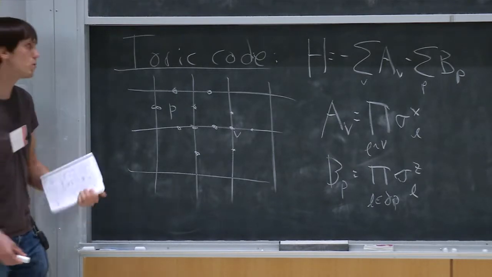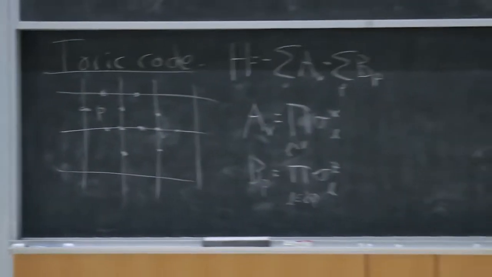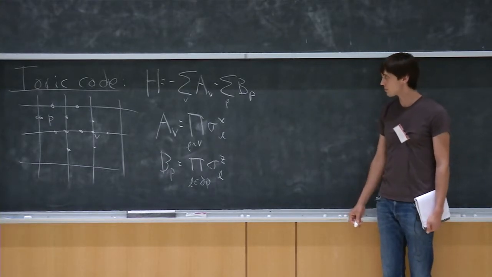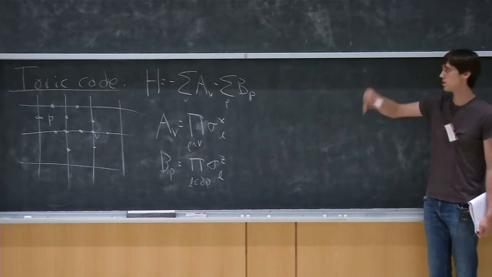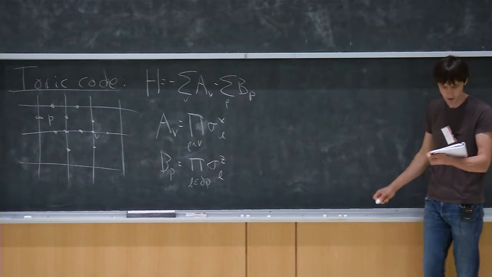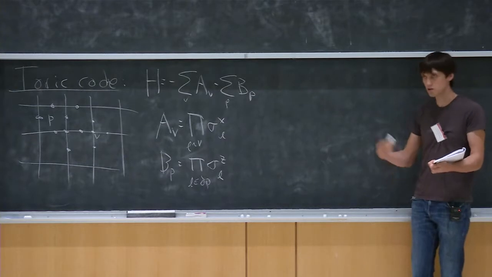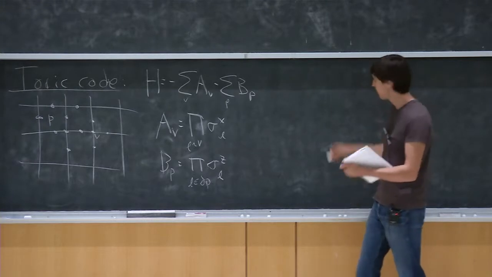To think about this in a visual way, I'm going to think about each link as either being occupied or not occupied, according to whether it's a sigma x equals plus 1 or minus 1 eigenstate. So each link has an associated operator, and I can think of it as being empty or occupied. This chooses a basis to work in. You can certainly work in other bases, but this basis makes everything very transparent.